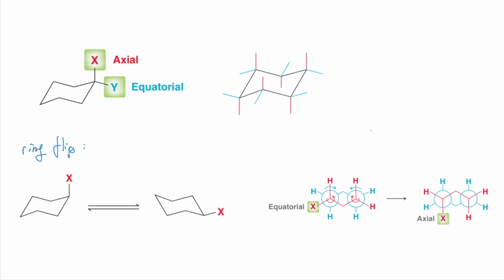The A bonds are pointing straight up or down. And also, we can do a ring flip. So I can change all the A bonds into E bonds and all the E bonds into A bonds without breaking the molecule. I just do this.